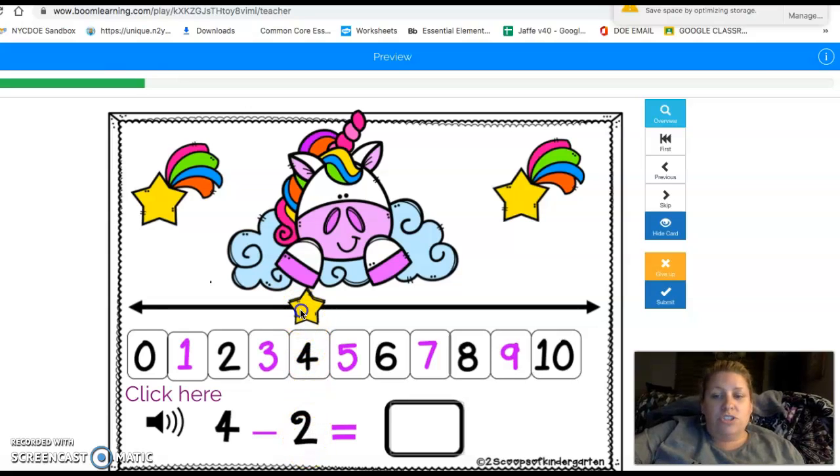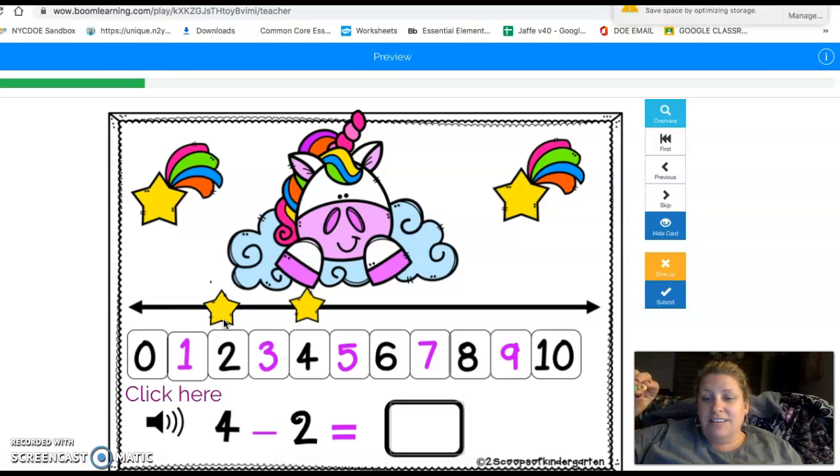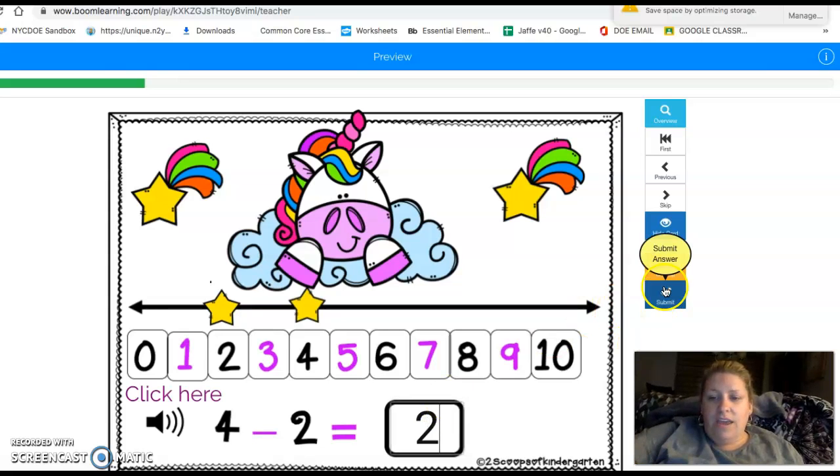So let's move the star 2 times to the left. And let's take away 2 objects. 1, 2. So we have how many left? You're right, 2. So I'm going to click the box and find 2. Let's see if I'm right.